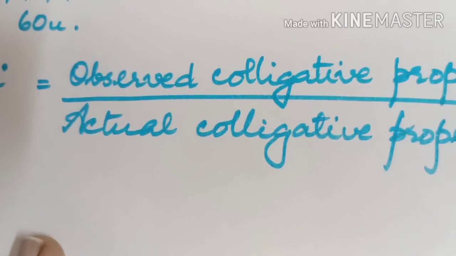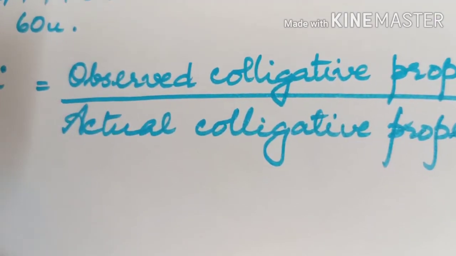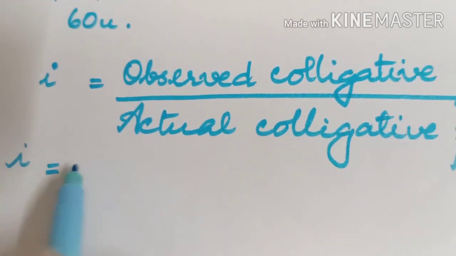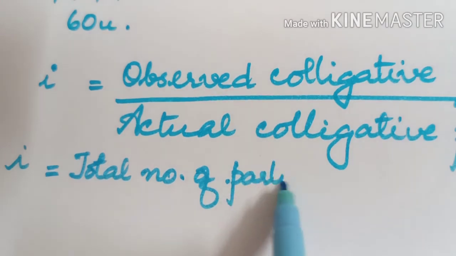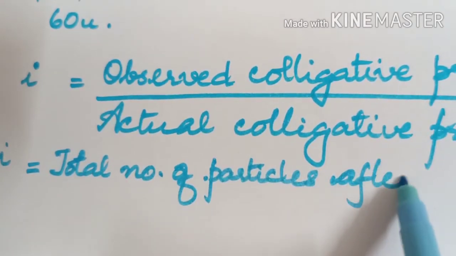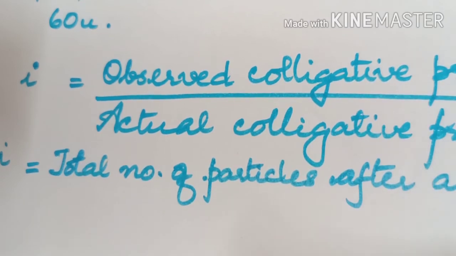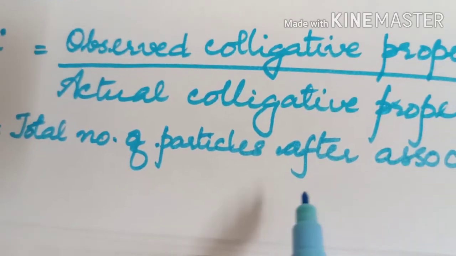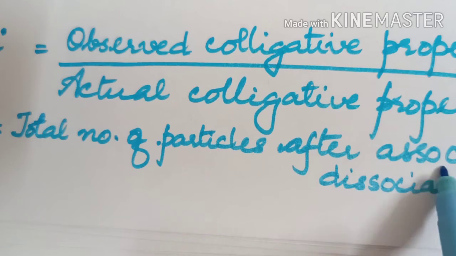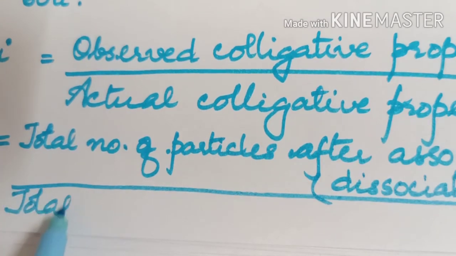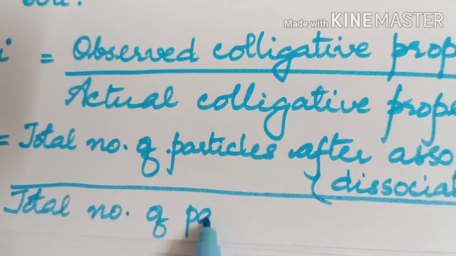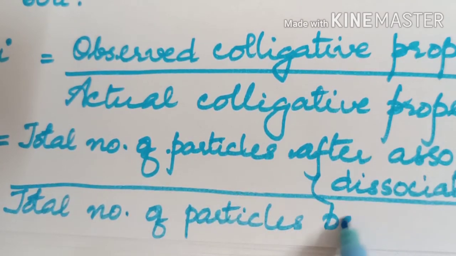So it can also be related to the equation i is equal to the total number of particles after association or dissociation divided by the total number of particles before association or dissociation.